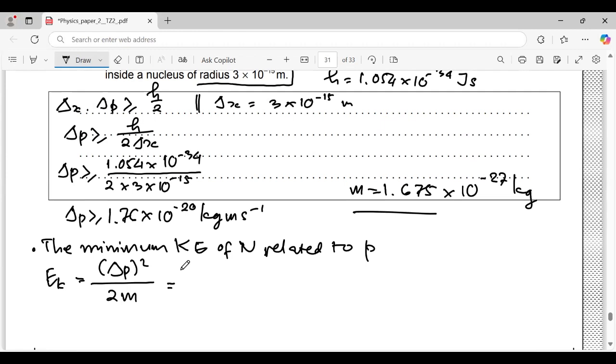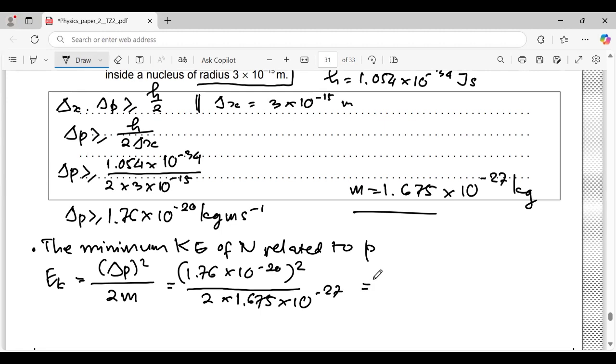So delta p is 1.76 times 10 power minus 20, squared, over 2 times 1.675 times 10 power minus 27. And the result is 9.24 times 10 power minus 14 joule.